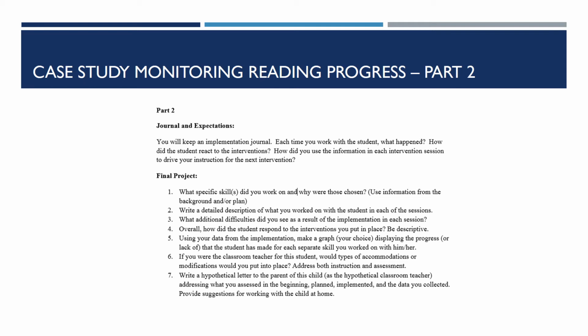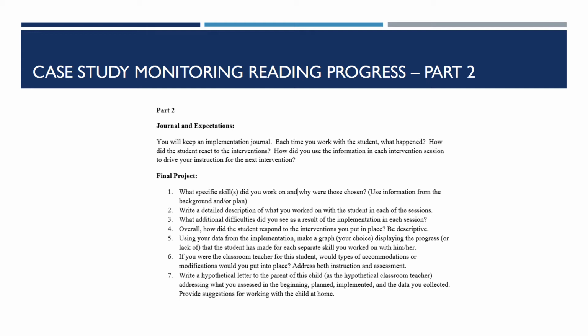What happened during those times that you met with Garrett? So you're going to have to make that up. When you met with him, was he cooperative? Did he want to read the sessions? How did the readings go? Did he struggle through them with the numbers that he got right? What were the main points of things that he may have missed? So you're going to have to take the information that you read from your articles and kind of embellish a little bit on the information for Garrett.